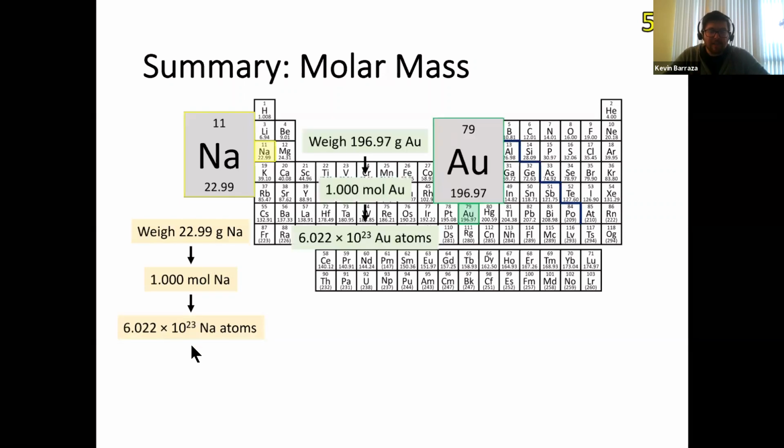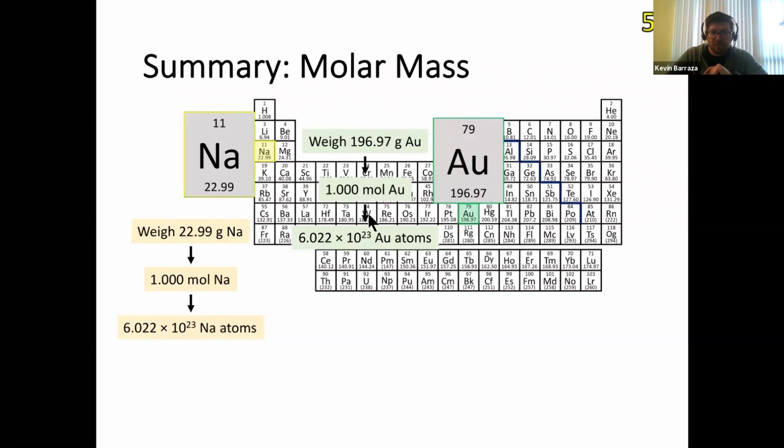And you can do that with any of them. So gold, right? I look at the bottom number, gold is 196.97. As the molar mass, it means that if I put gold on a scale, and I get enough of it onto the plate so that the display says 196.97, then I know I have a mole of gold there.